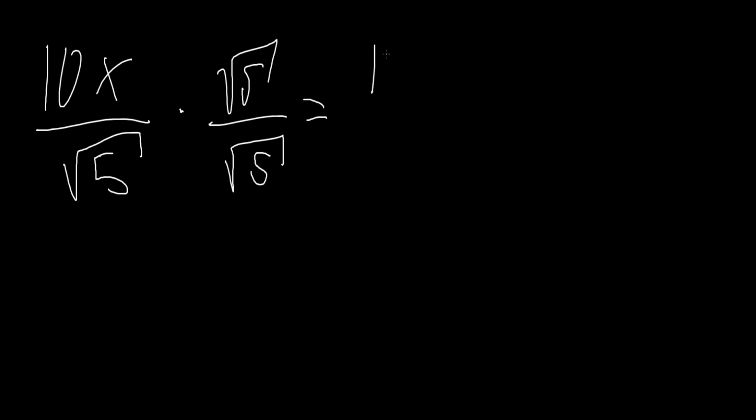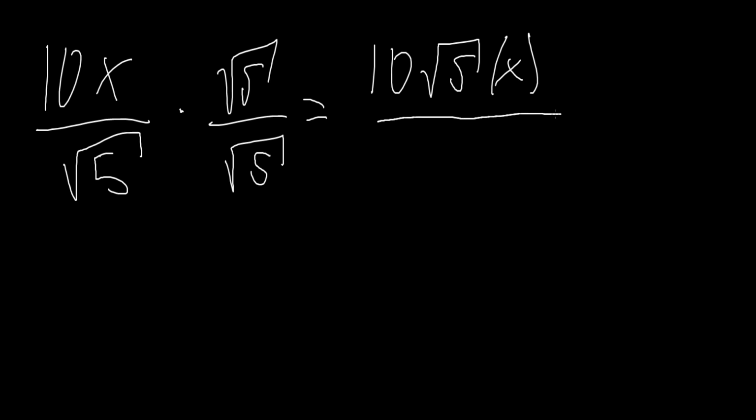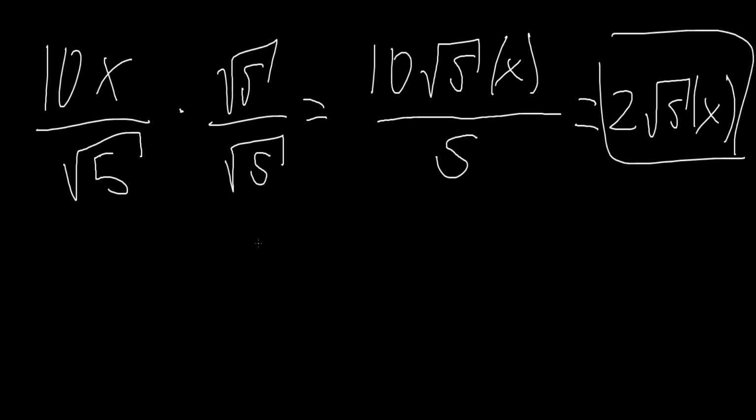On the top, we get 10 root 5 times x, over root 5 times root 5, which is root 25, and the square root of 25 is just 5. Now I can simplify further because 10 divided by 5 is 2. So we get 2 root 5 times x as your final answer.